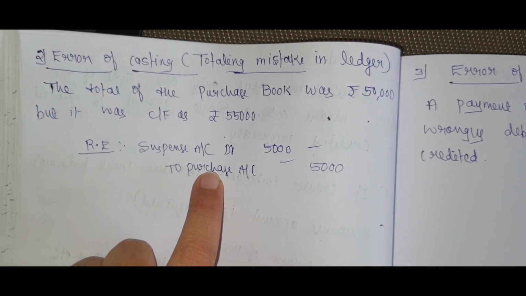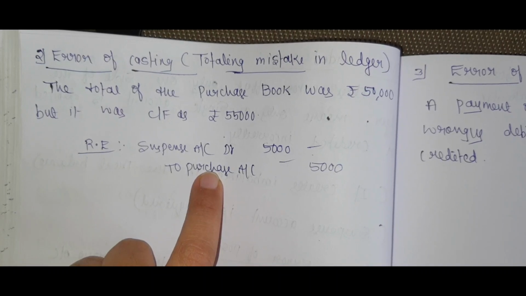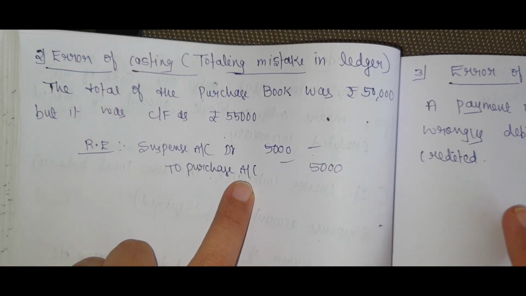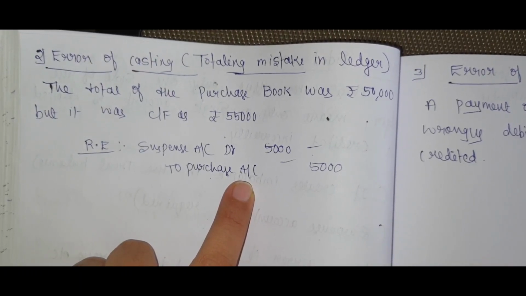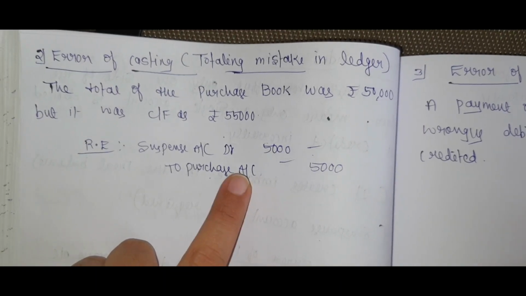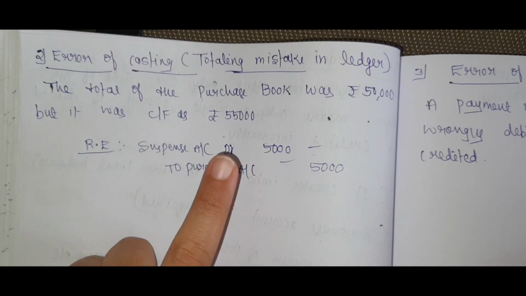So in overstate, we need to credit the purchase account and debit the suspense account, that is rupees 5,000.